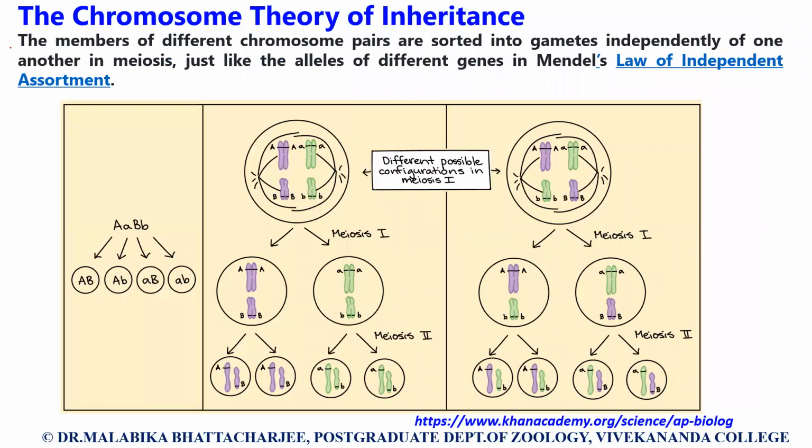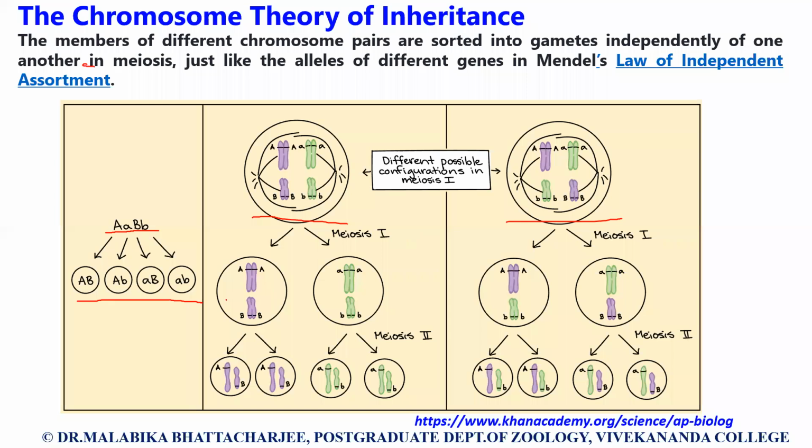And now coming to Mendel's law of independent assortment, the picture with which I started today. As you can see, capital A small a, capital B small b. These are the four possible types of gametes that can form, depending on whether capital A and capital B are present on one side, or capital A and small b are present on the other side. So the two conditions are shown here.